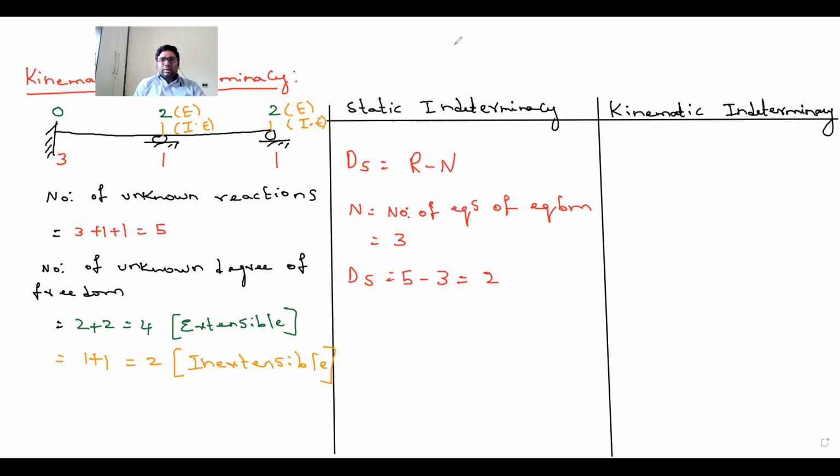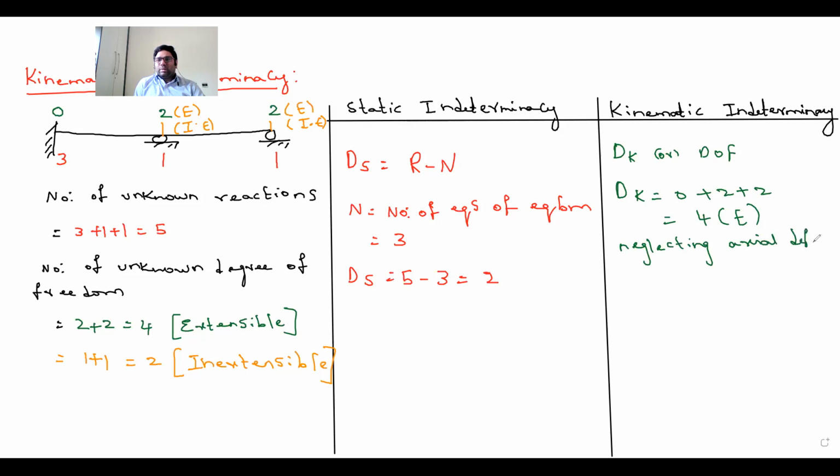Now, when it comes to kinematic indeterminacy, dk is the degrees of freedom, which can be given by dk is equal to 0 plus 2 plus 2, that is equal to 4 for extensible, and neglecting axial deformation, dk is equal to 0 plus 1 plus 1, that is equal to 2.